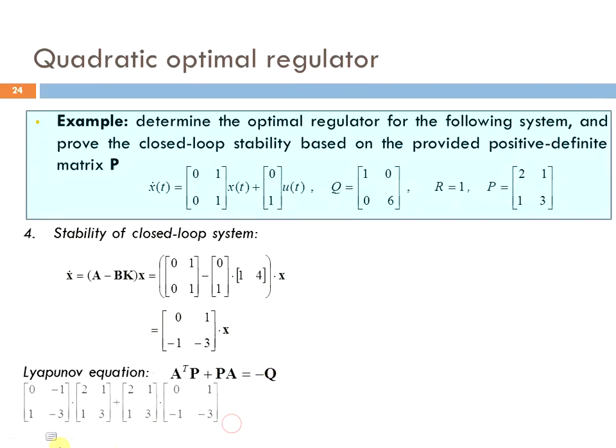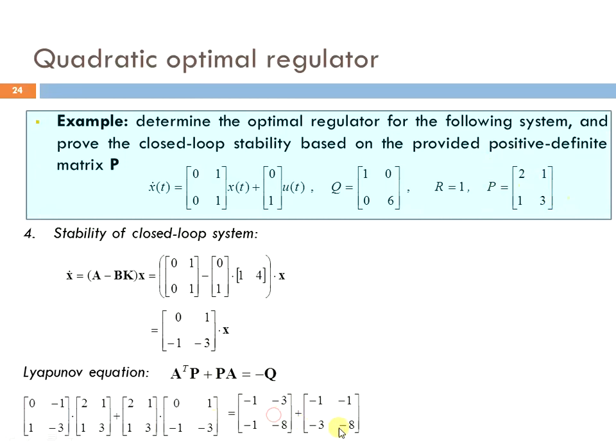So substituting the values of A transpose, remember that we have to use the closed loop one because we are looking at the stability of the closed loop system, and using the P that has been provided, we obtain that. Here we can factor out the negative and look at the positive definiteness of that matrix.